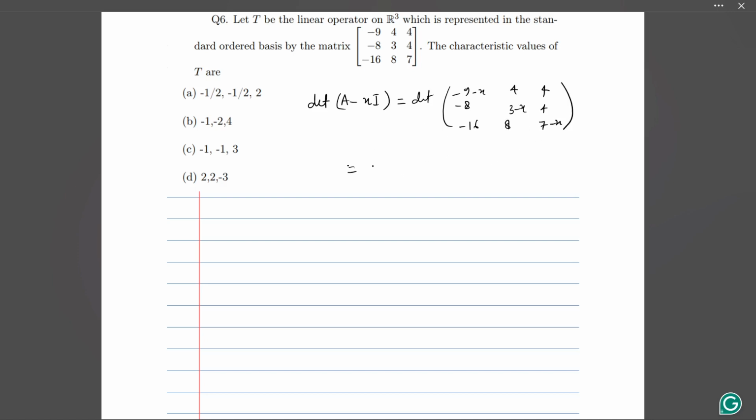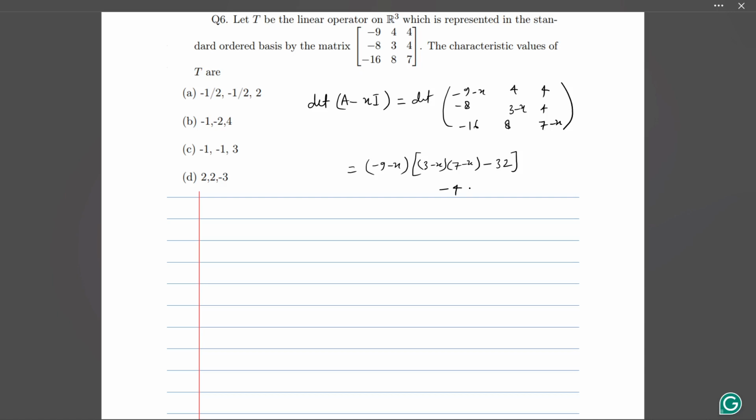So what will it be? Minus 9 minus x, and this will become (3 minus x)(7 minus x), minus 32, since 8 into 4 is 32.